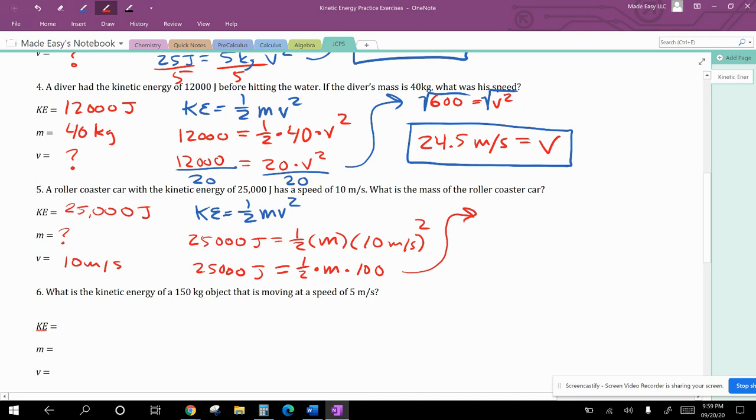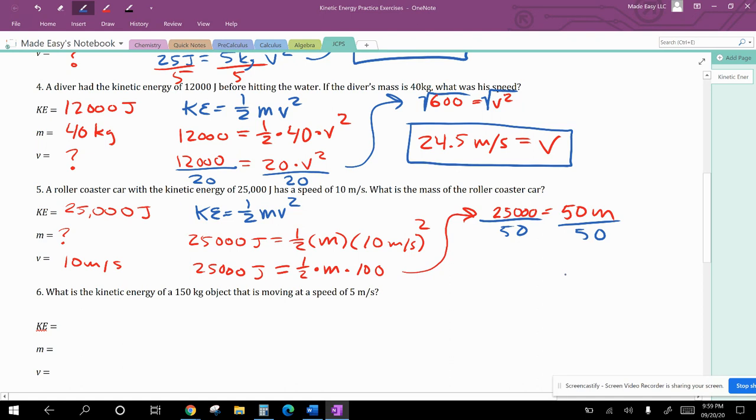So 1/2 times 100, looking at the right side, that'll give us 50. And so we can rewrite the equation as 25,000 is equal to 50 m. And now to get that to the other side, we're going to divide both sides by 50.